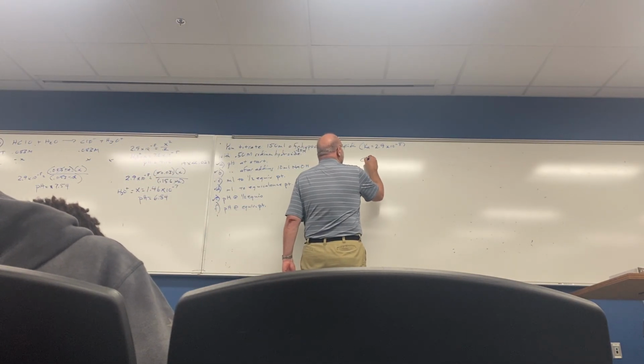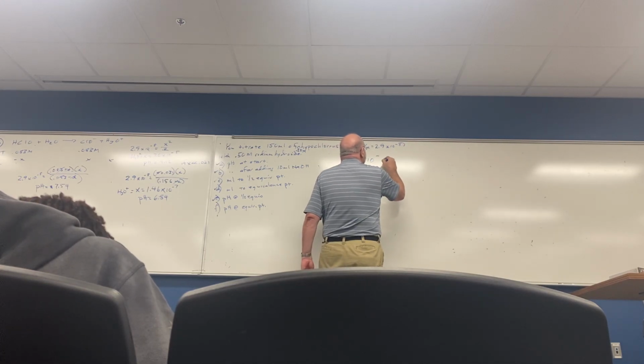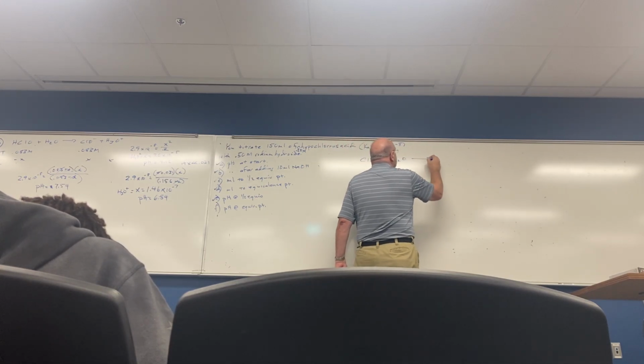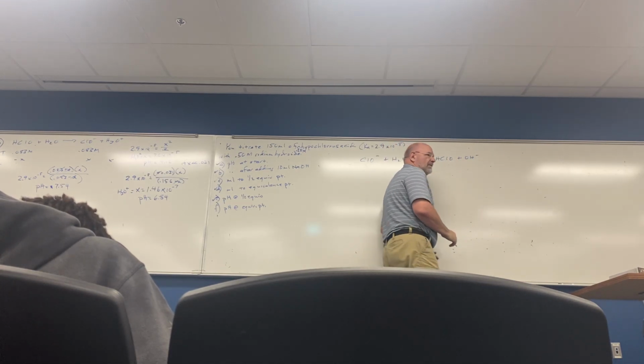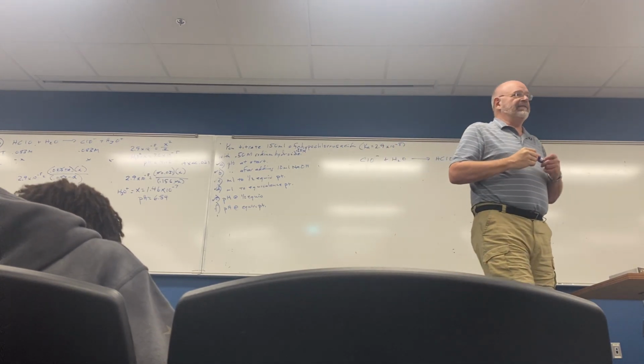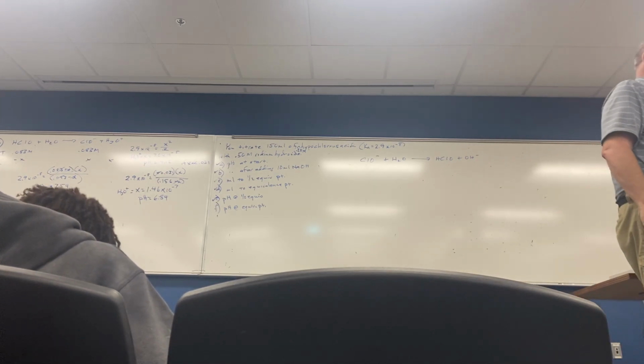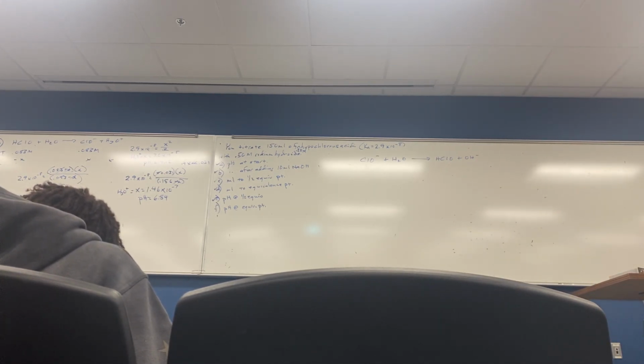So all I have in there is this. All I've got is the base. So the base reacts with water. Bases are proton acceptors, right? So they gain a hydrogen. Took it from the water, so I have OH left.